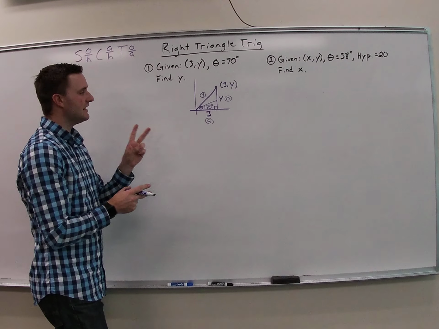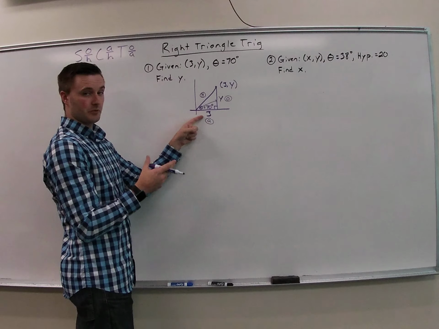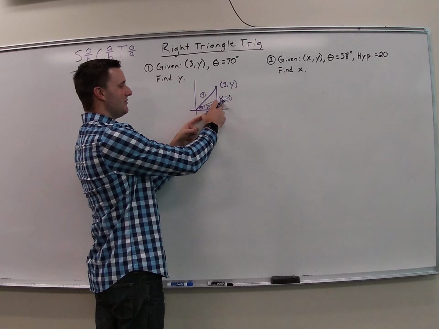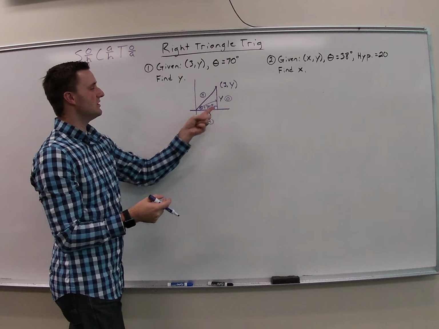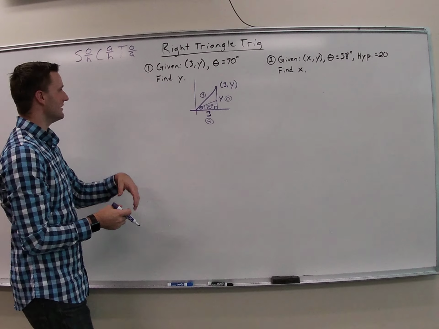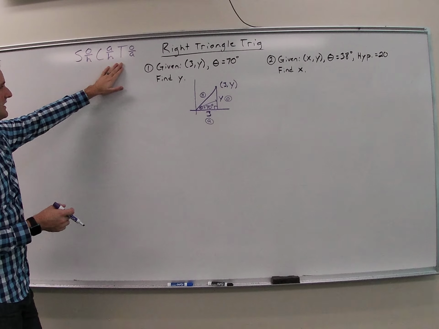Now, there are 2 things that I need. I'm given 3, but I need to find out what y is. So I need a trig function that's using opposite and adjacent, and that would be the tangent function.